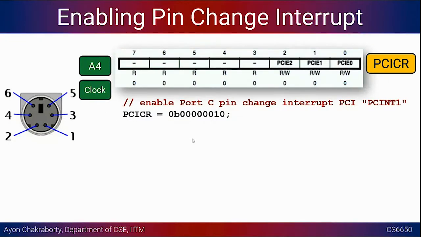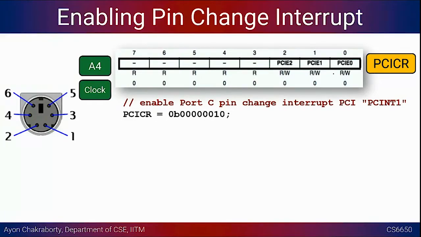If we remember, we have the PCICR, the pin change interrupt control register, where we mention which port we want to enable the interrupt for. If you see, most of these bits are not used.